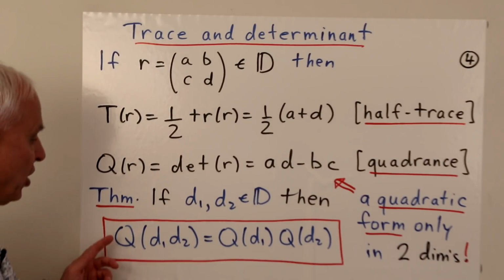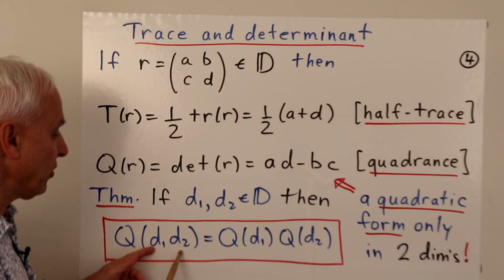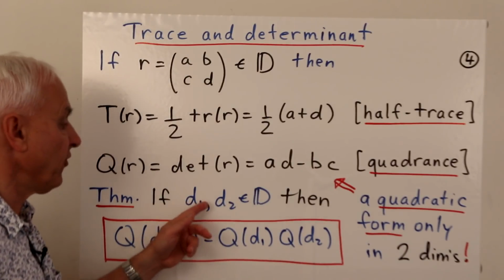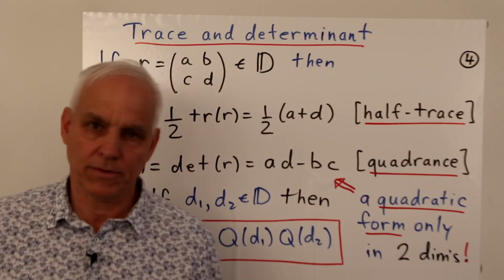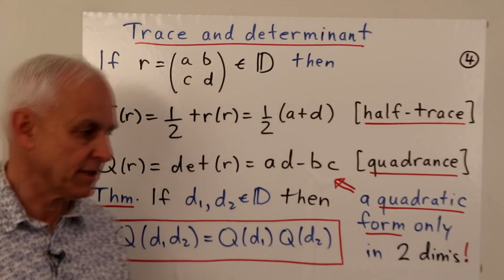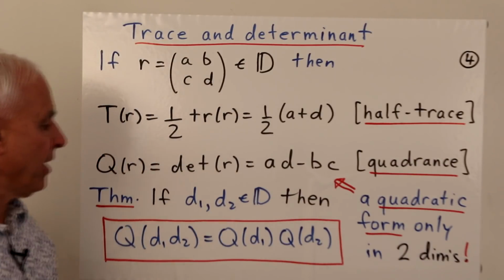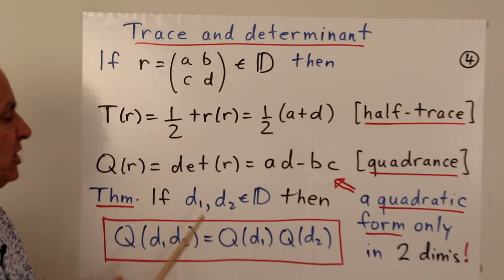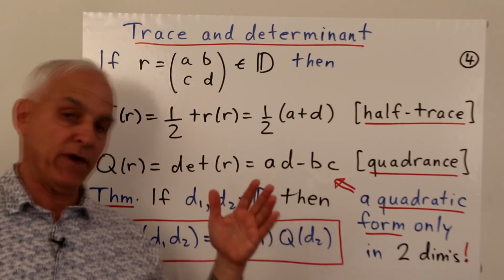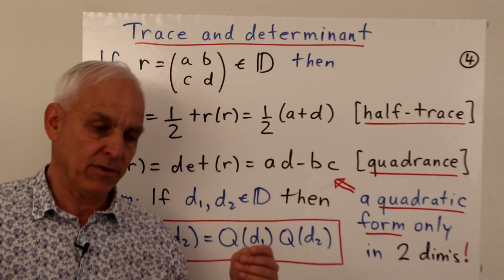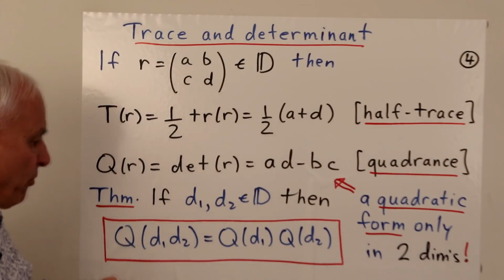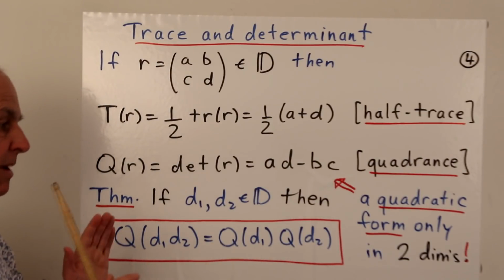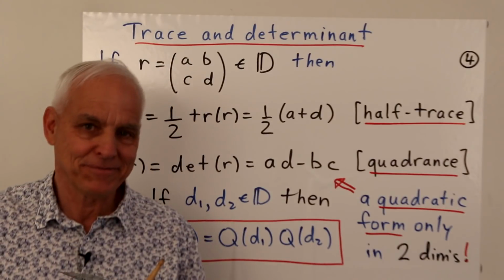So in our language, Q of D1 D2 equals Q of D1 times Q of D2 for dihedrons D1 and D2. All right, so this is a crucial property, which is just a rewriting of the determinantal property that actually holds for any size matrices. Okay? But it's especially important here because this is actually a quadratic form in this 2-dimensional situation.